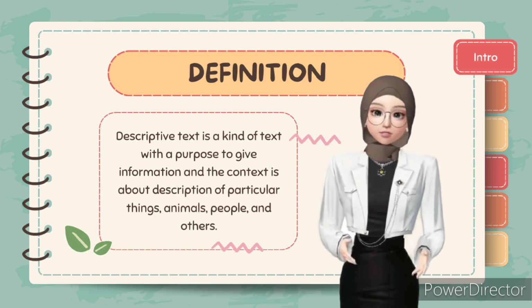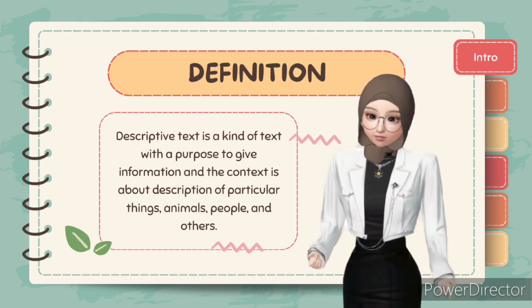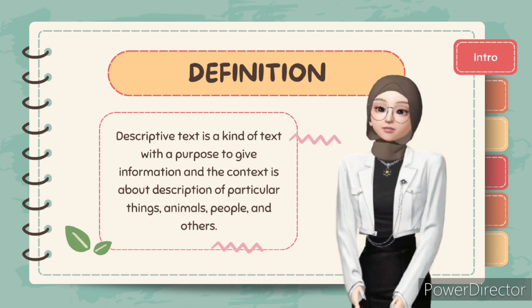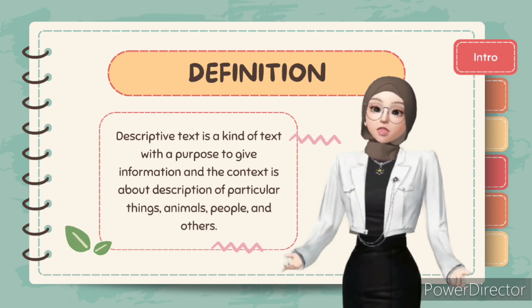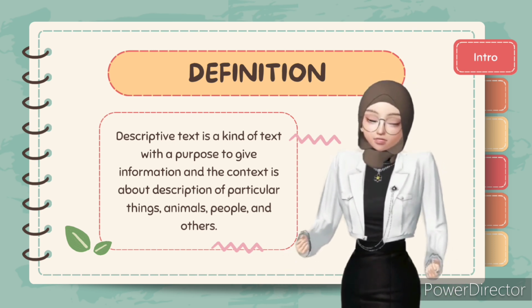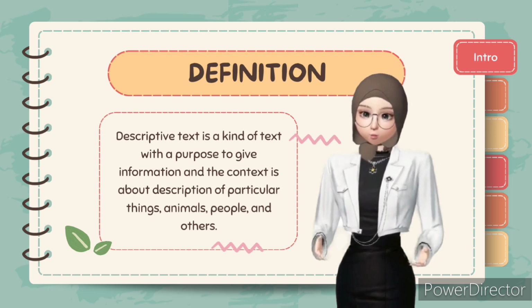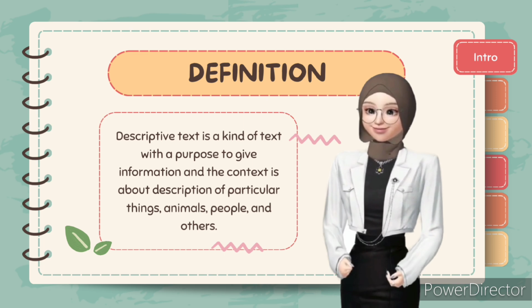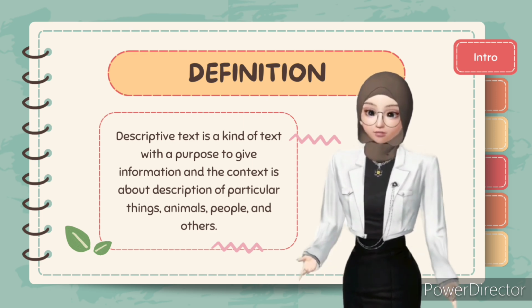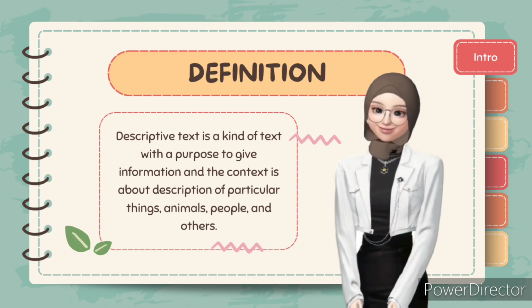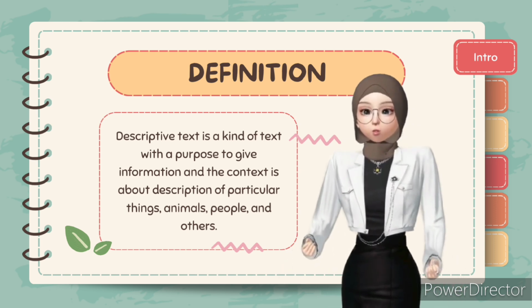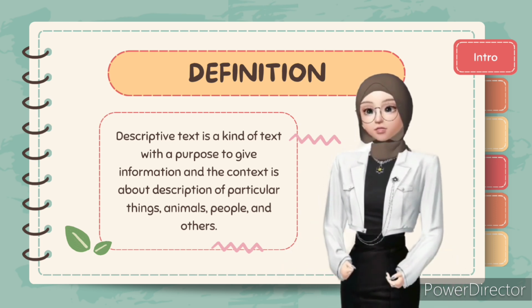It's a kind of text with a purpose to give information, and the context is about description of particular things, animals, people, or others. So you can describe anything you want. Is it about describing something? Understand?